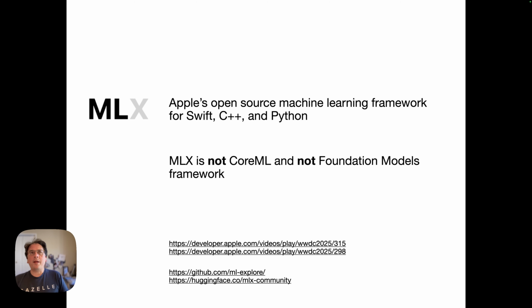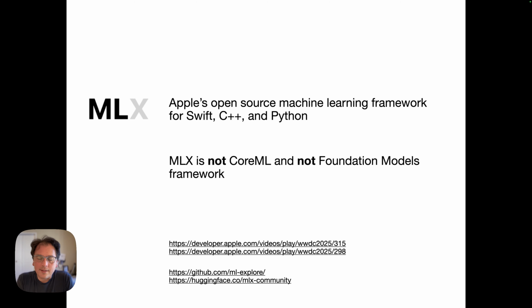The easiest way to explain that is that MLX is for running all the newest state-of-the-art AI and machine learning models. So if you want to run something like DeepSeek or the upcoming OpenAI open source model, you want to use MLX and not Core ML. It might be possible to run these models in Core ML, maybe, but it's definitely not meant for that.